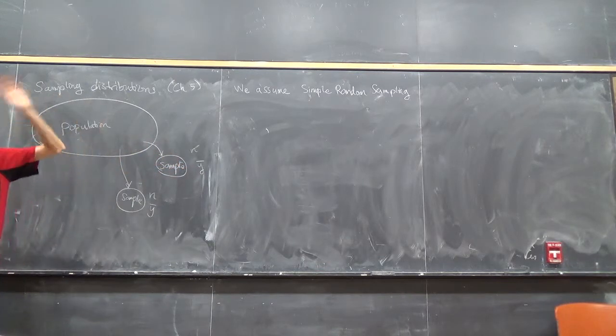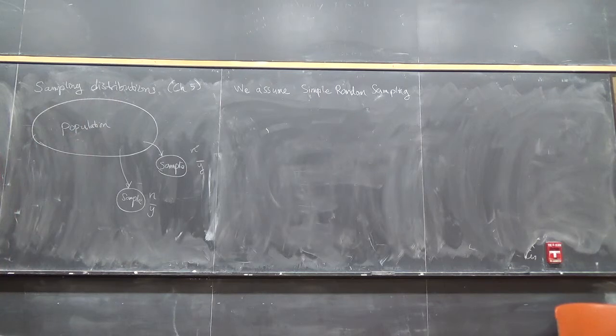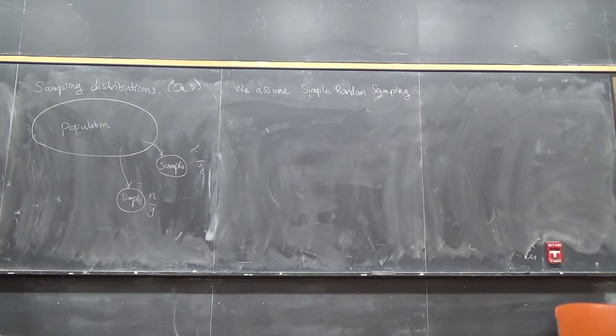If I took 100 random people, and I got the average weight, maybe it's 163 pounds. Maybe I say thank you very much, and go back to the population, and somehow I select another 100 random people. Take the average weight. Maybe it's something else. Maybe it's 155 pounds, or 170, or 180, whatever it is.